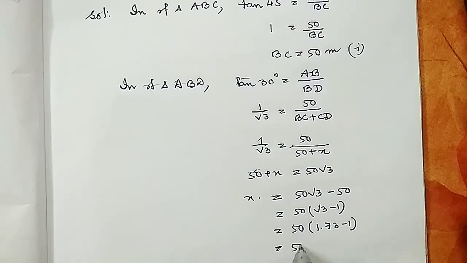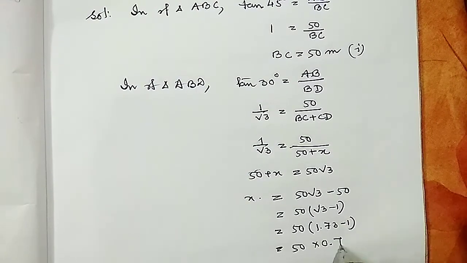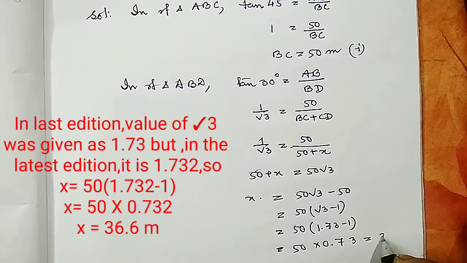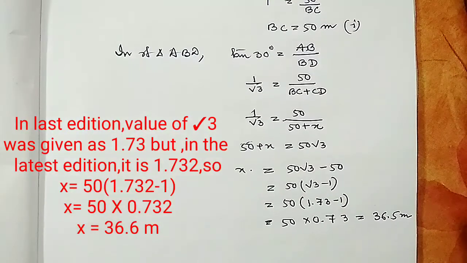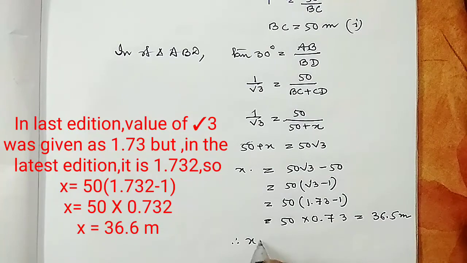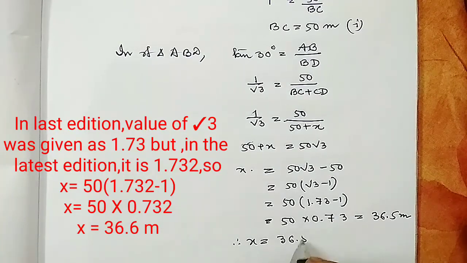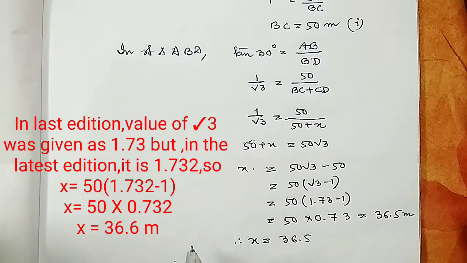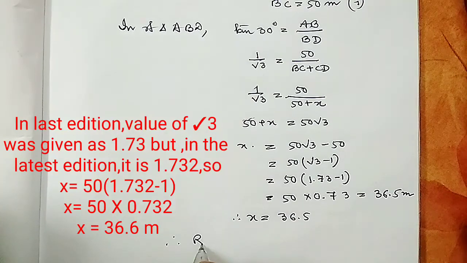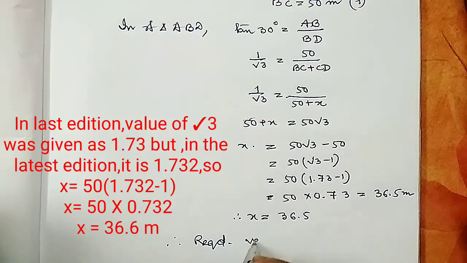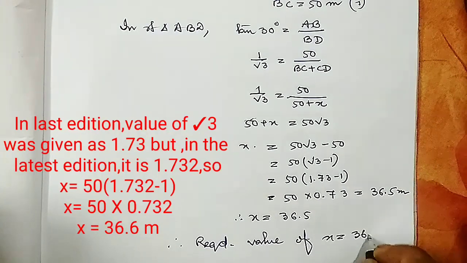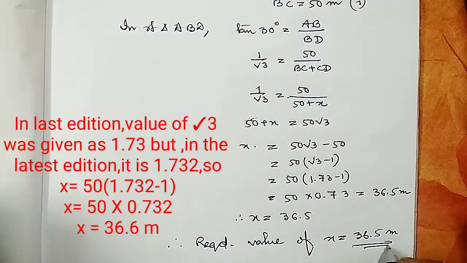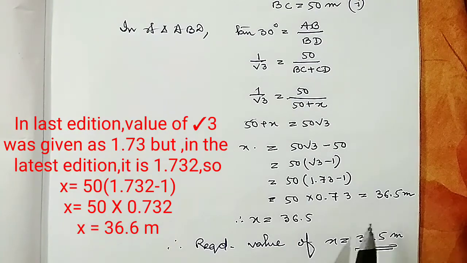Now 50 into 0.73, and if I multiply, I am going to get 36.5 meter. Therefore x equals 36.5. Therefore required value of x equals 36.5 meter, and that's your answer. So I hope this one is clear.